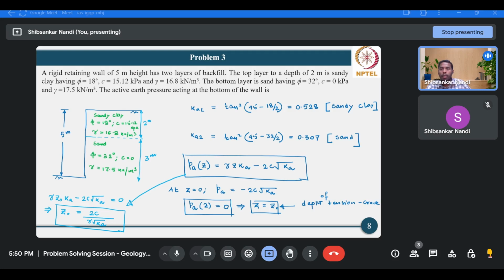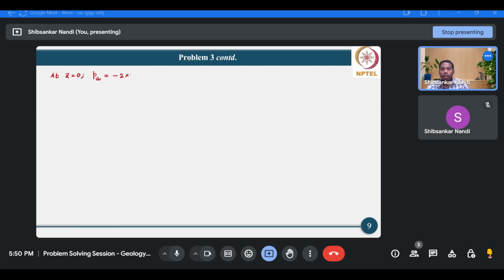So 2 multiplied by 15.12, this is the cohesion of the top layer, multiplied by root under 0.528, which is the active earth pressure coefficient for the top layer. So it would be minus 21.97.